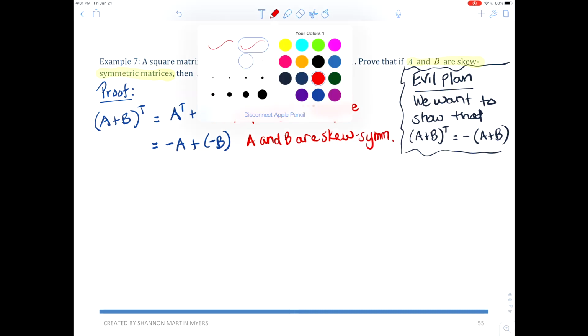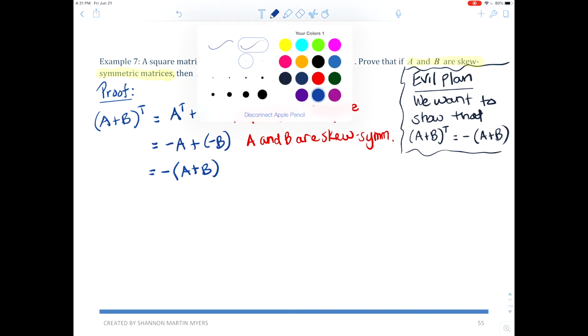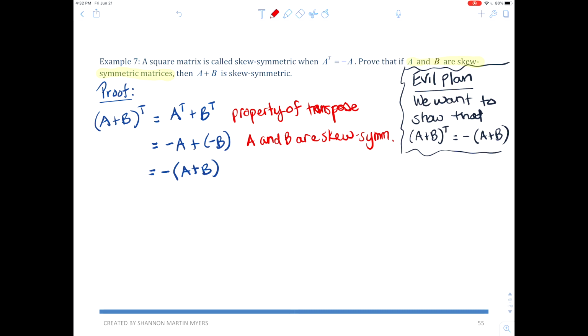All right. Well, what can we do? I mean, we could factor out a negative, and we would get negative A plus B. And that is because why? Matrices are distributive.